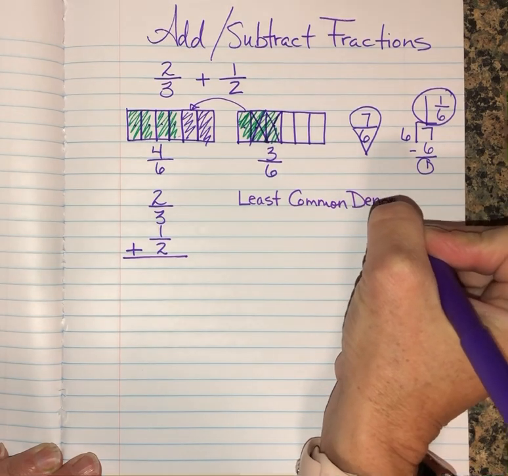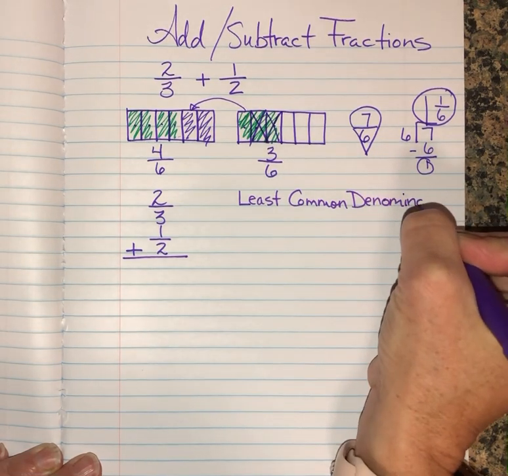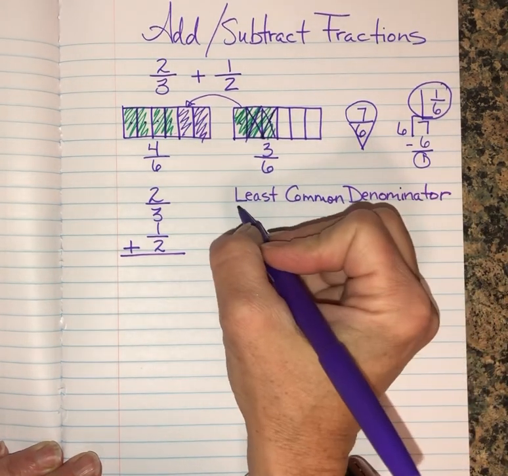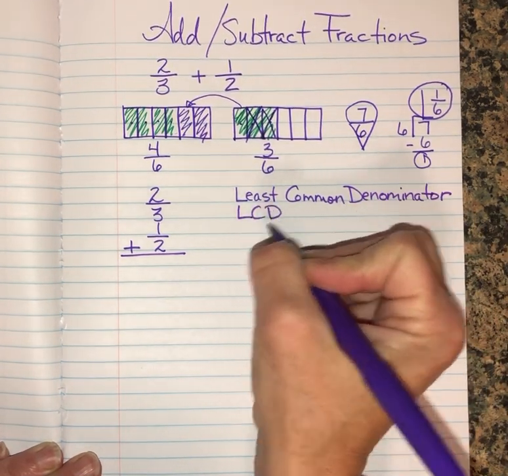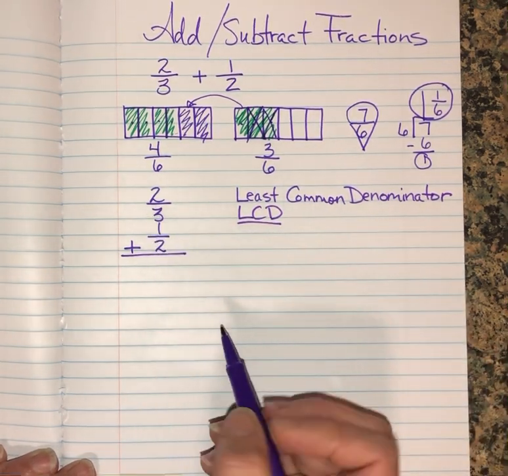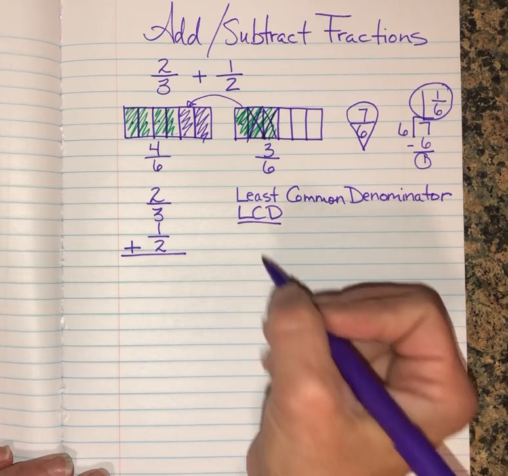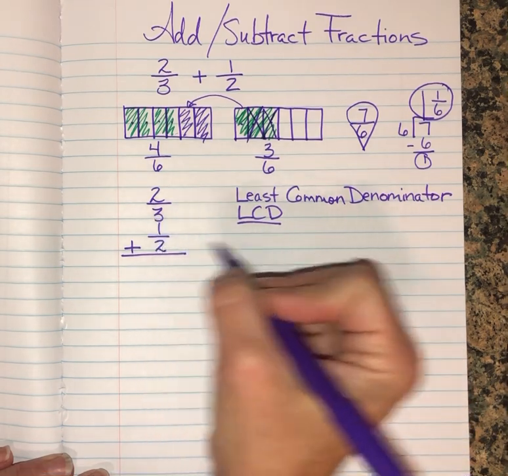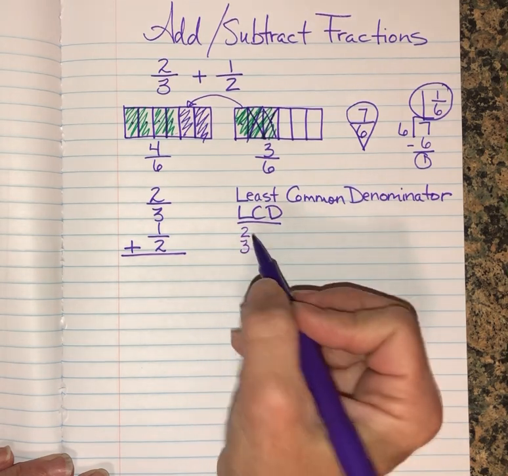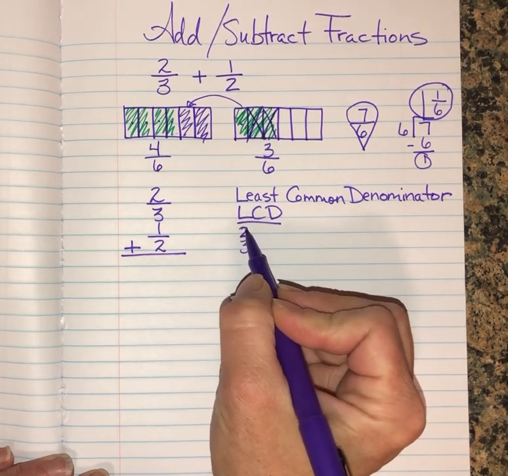After this point, I am only going to write LCD because this takes a long time to write out. It's a big pain. So the LCD is not a light bulb, it's the least common denominator, and we're going to use that for every single one of these problems. Our denominators are 2 and 3. I want to write 2 and 3 over here. You always write the smaller number first.